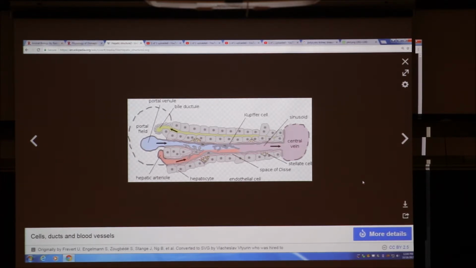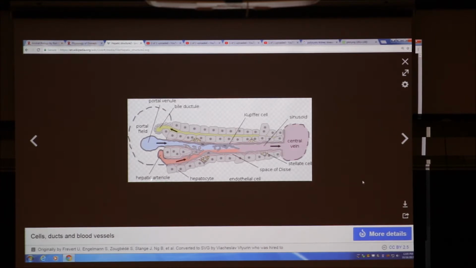Can you name the 3 vessels that carry fluid away from the liver? The hepatic vein, the lymph vessel, and then the bile duct, right? So look at all the things that the liver makes. And I said the liver makes about 50% of all lymph made in the body in an hour, let's say. So anyway, you have this, we'll do this one first.